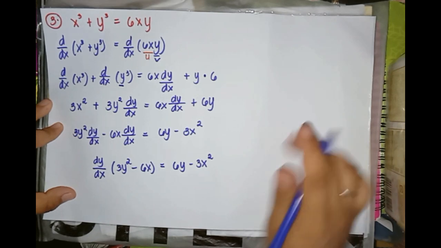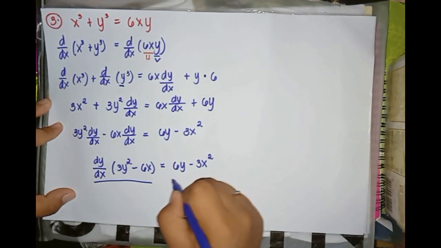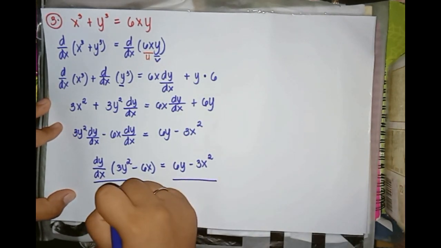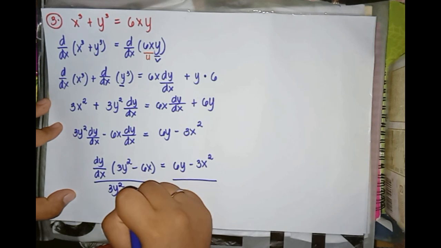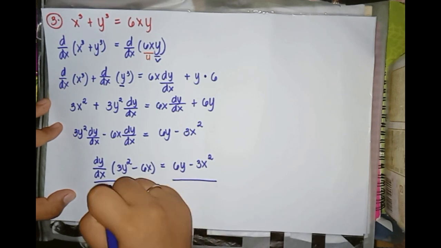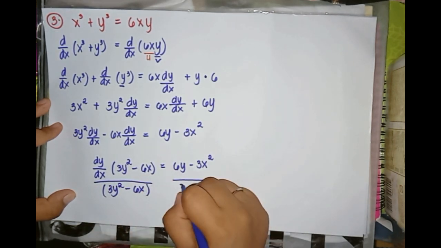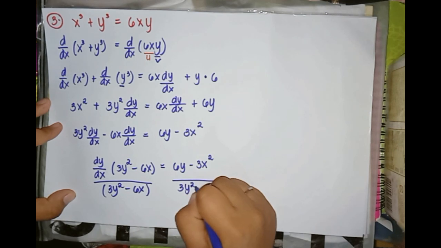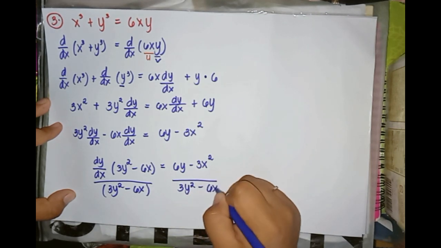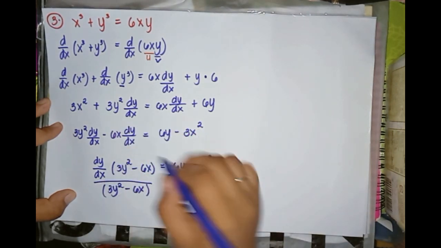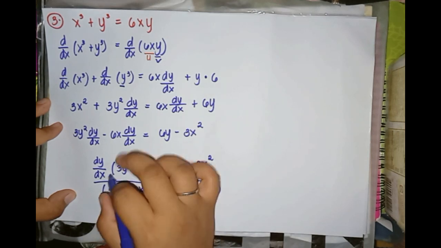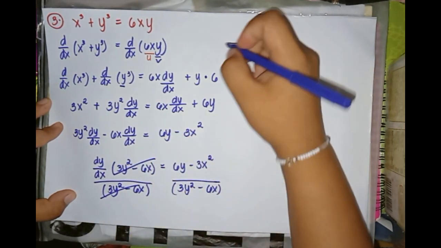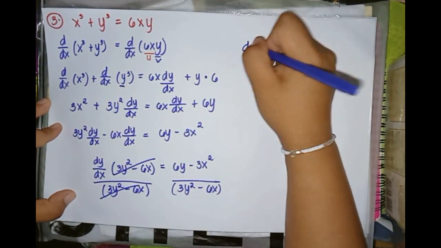Now, in order to simplify and be left with dy over dx, let's divide both sides by 3y squared minus 6x. So let's divide both sides. And let's cancel the 3y squared minus 6x on the other side.